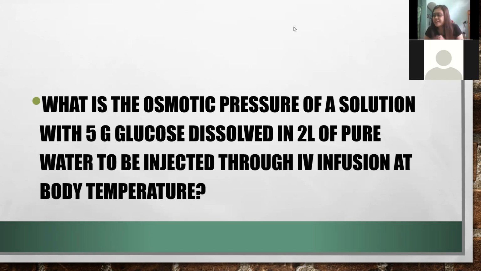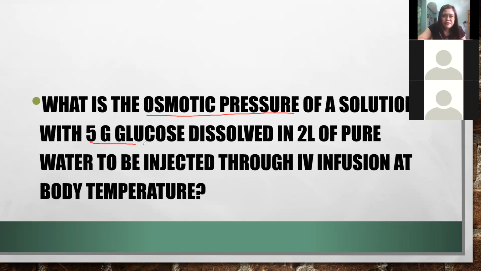Okay, so let's answer the third problem for the osmotic pressure. Let's see if we have the same answer. Sige. So, we are asked to compute for the osmotic pressure of our solution.